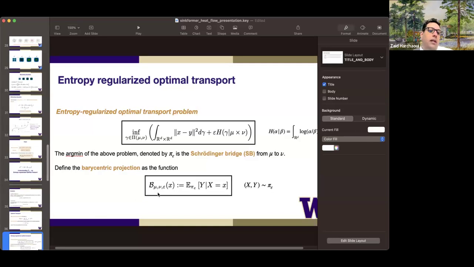Okay, and so the summary of this is that when you take a measure mu onto nu, and in our case, we're going to take this between the measure before it passes through a layer, and the measure after it's passed through that layer, right?